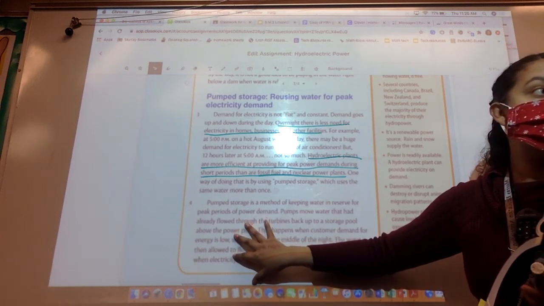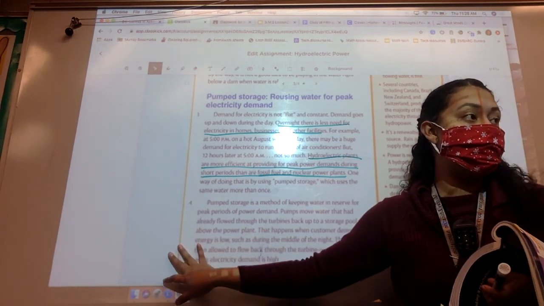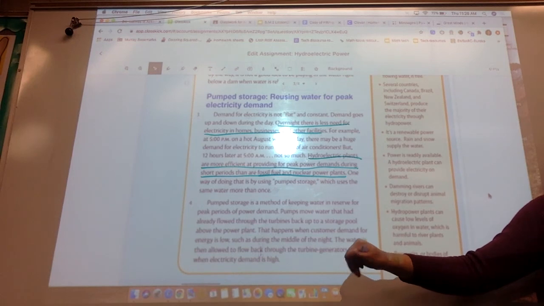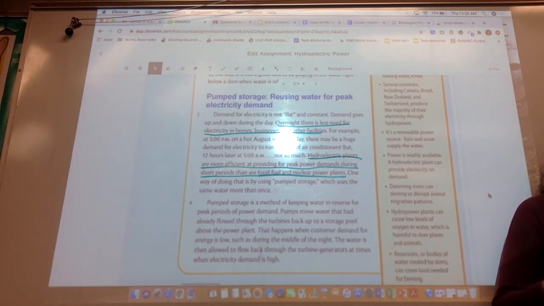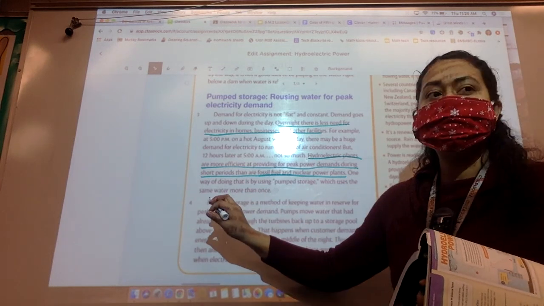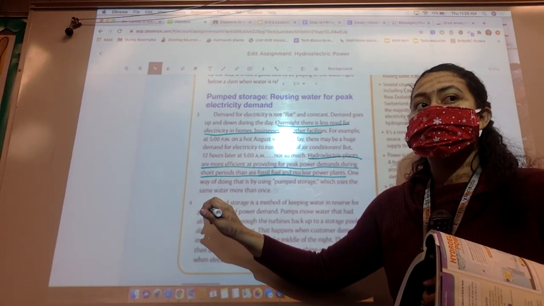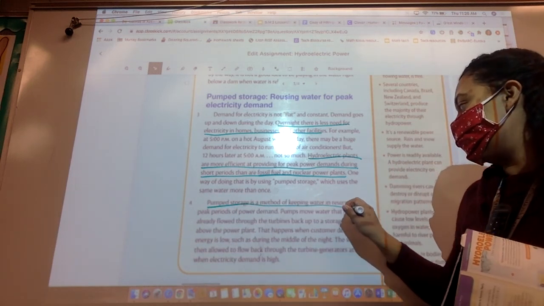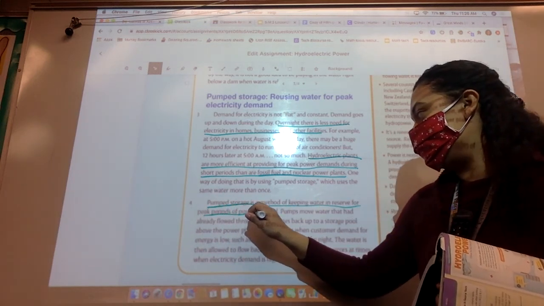Okay, paragraph 4. Anything we should highlight that has important information? Ariana? The first sentence: pumped storage is a method for keeping water in reserve for peak periods of power demand.